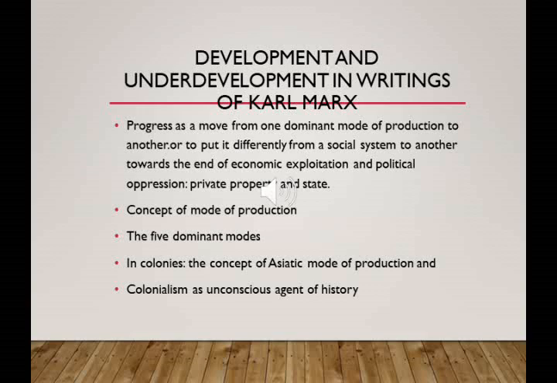And this led, as a result of technological change, which enabled people in these primitive societies, for the first time, to produce more than what is needed for their own consumption, to the transition to a slavery mode of production. With the invention of some primitive tools, it became useful to put some people to work and to live off their work. And this was the beginning of the slavery mode of production.